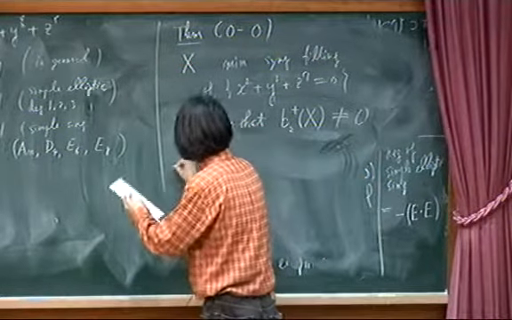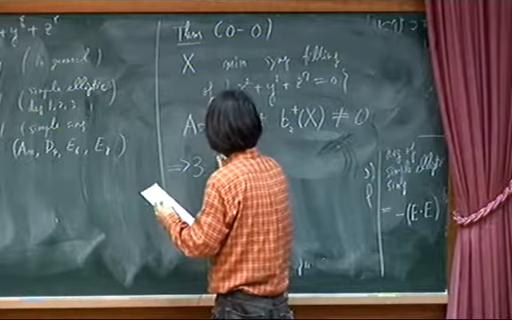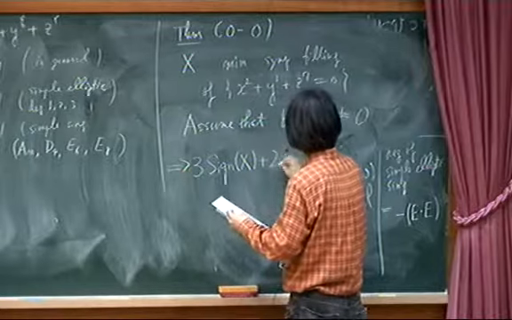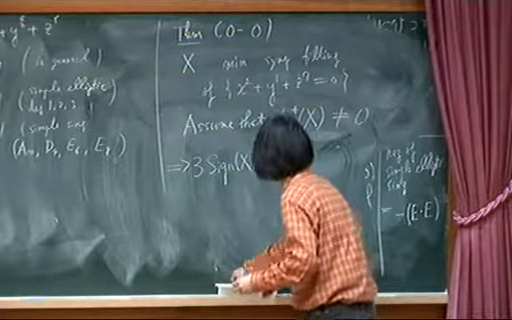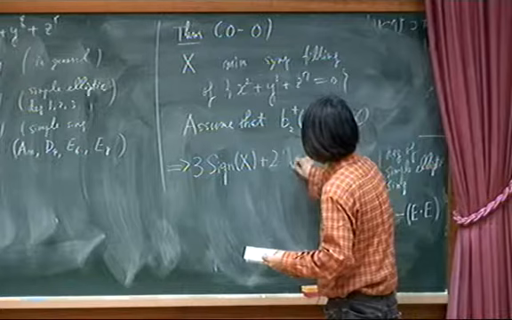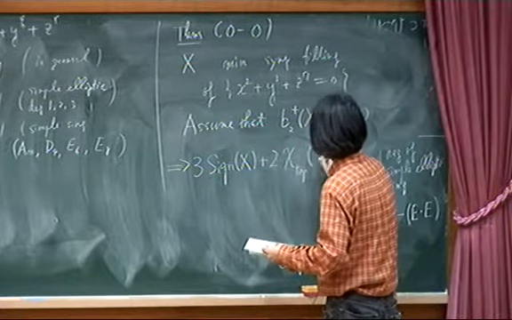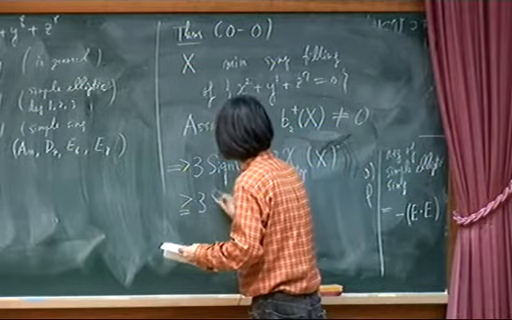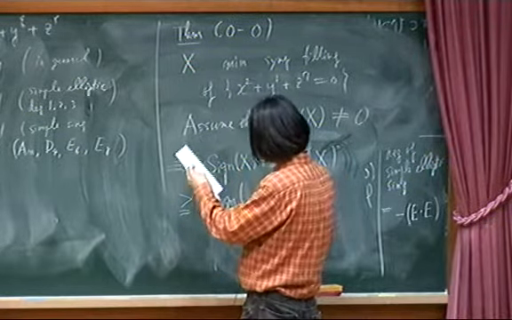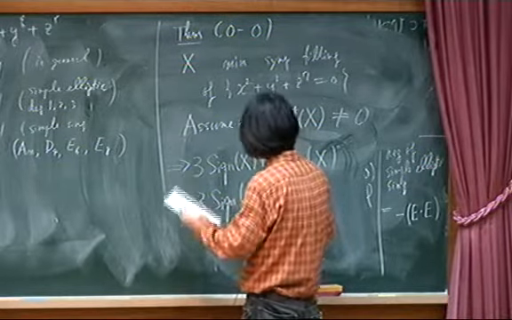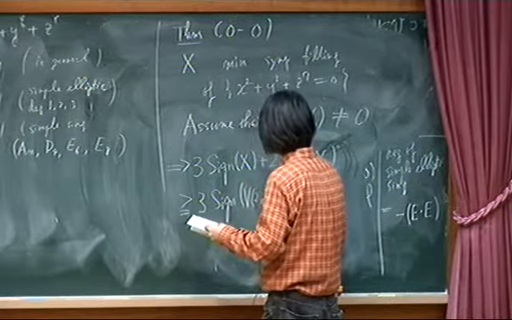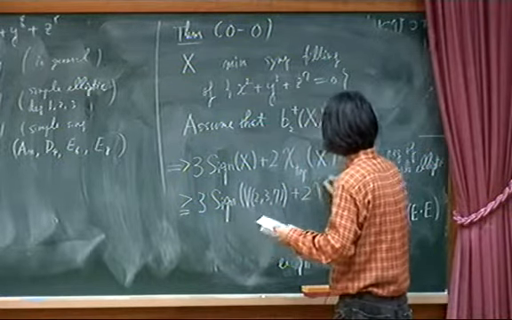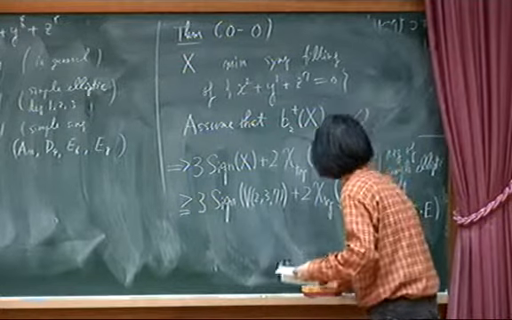Then we have the following inequality: 3 times the signature plus 2 times the topological Euler number is bigger than or equal to the case of the Milnor fiber. So this is the Milnor fiber. Maybe I have to write it as 2 times chi_top of V2C.